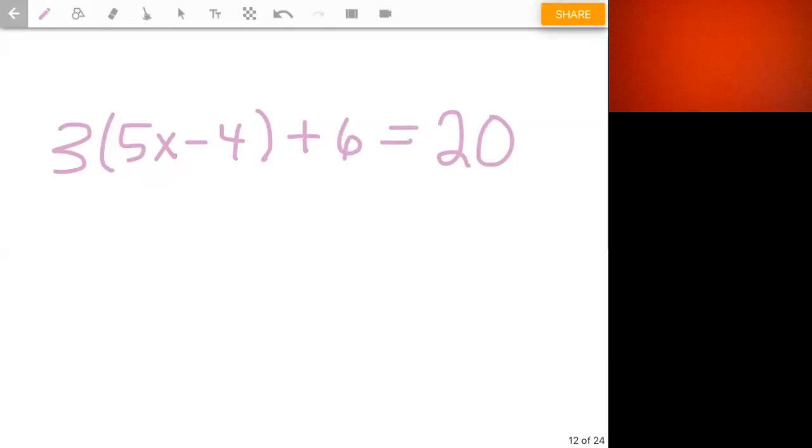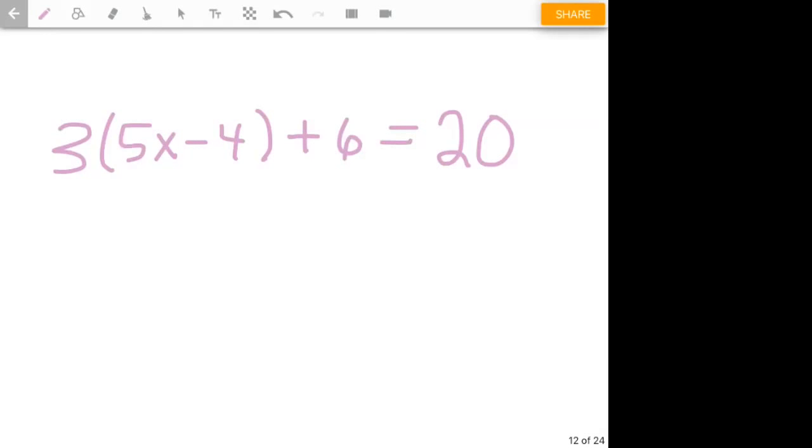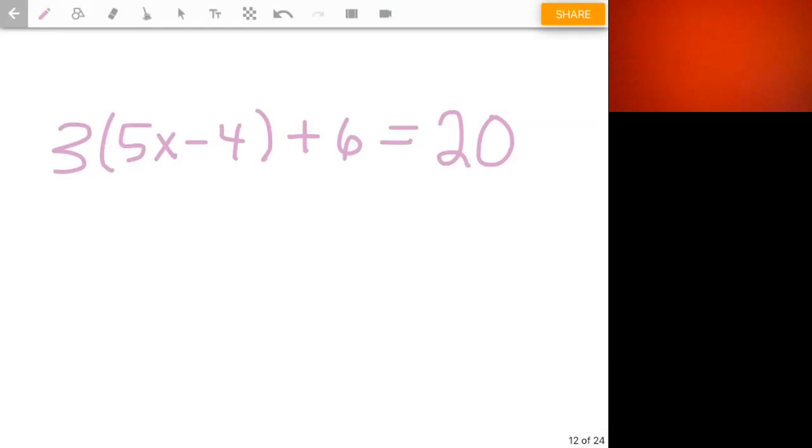I'm not that good in math. I would have to really think on it. So we have 3 times the quantity 5x minus 4, plus 6. So whatever the answer is, it will be 3 times the 5x minus 4. Yep, you're right. Okay. So we have to find out what x is, though. No, I wouldn't know what to do.